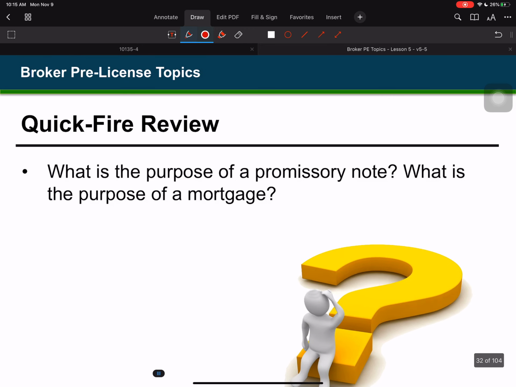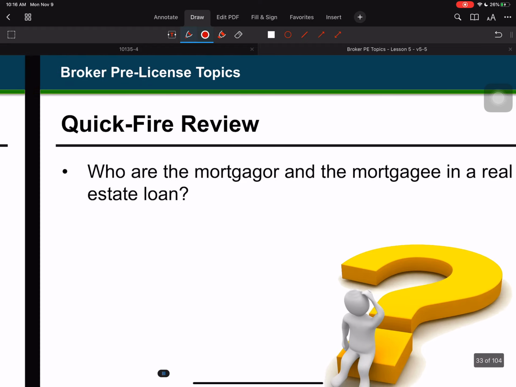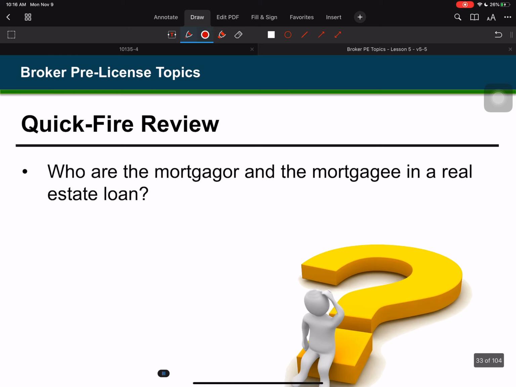Okay. What is the purpose of a promissory note? A promise to repay, and it is primary evidence of the debt. What is the purpose of a mortgage? It's so that someone can provide some type of collateral in case of a default. Who are the mortgagor and the mortgagee in real estate?